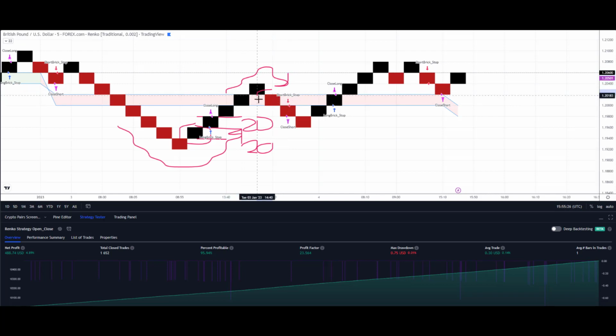Like I said, we wait for that first block to complete, the stop loss at the top there, entry in there, close out there, and you just keep repeating that all the time until you've had enough, really.